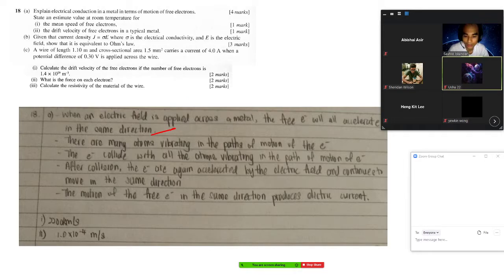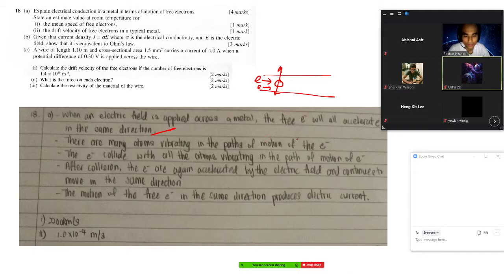There are many atoms vibrating in the path of motion of the electron. Why does he want to say this? The atoms are vibrating up and down, but the electron is going left and right.